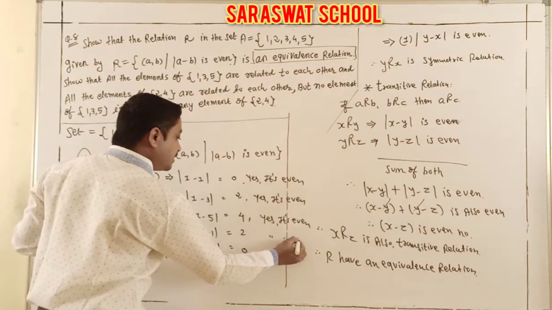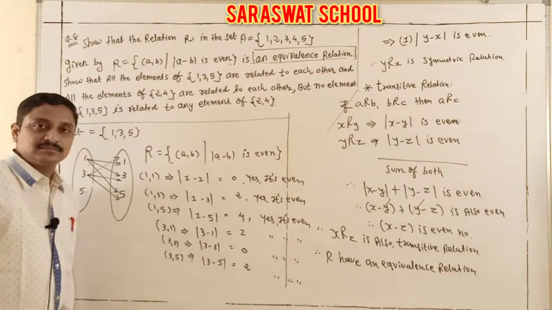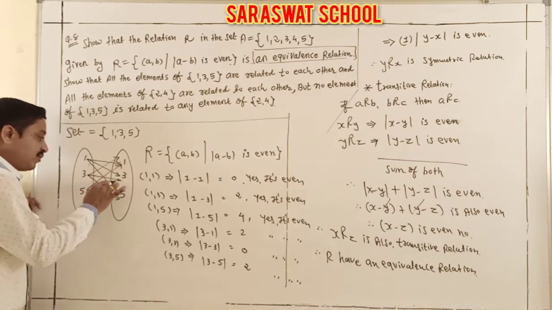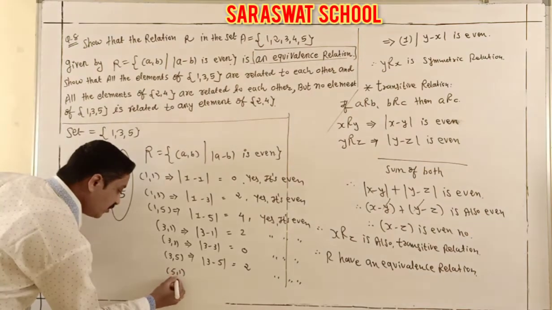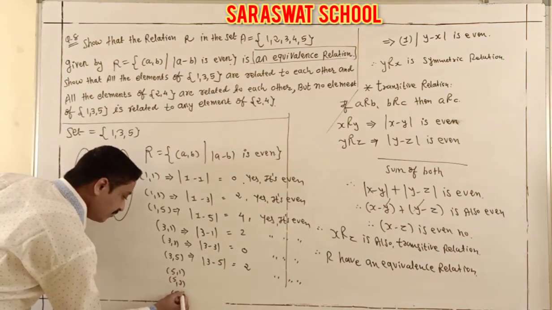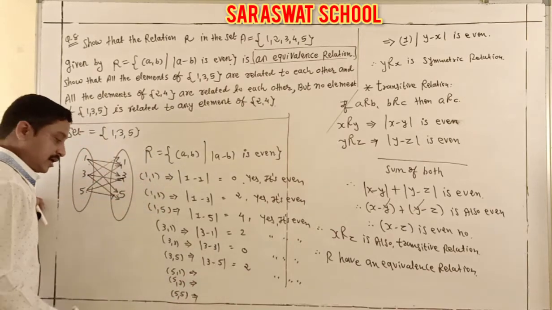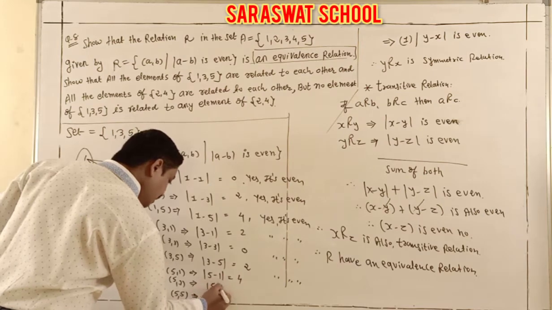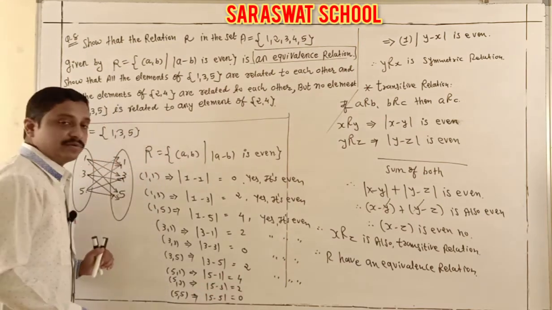Similarly write down, yes, it is even, yes, it is even. And one more drawing, here look, 5, 1, 5, 3, 5, 5 is also true for the relation. Apply that 5 minus 1, 5 minus 3 and 5 minus 5 is also even.